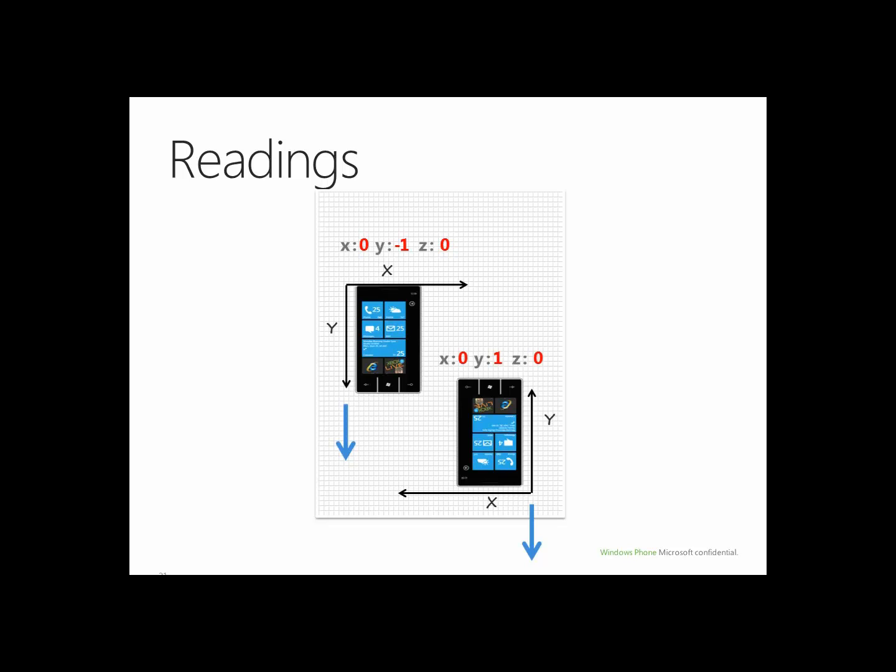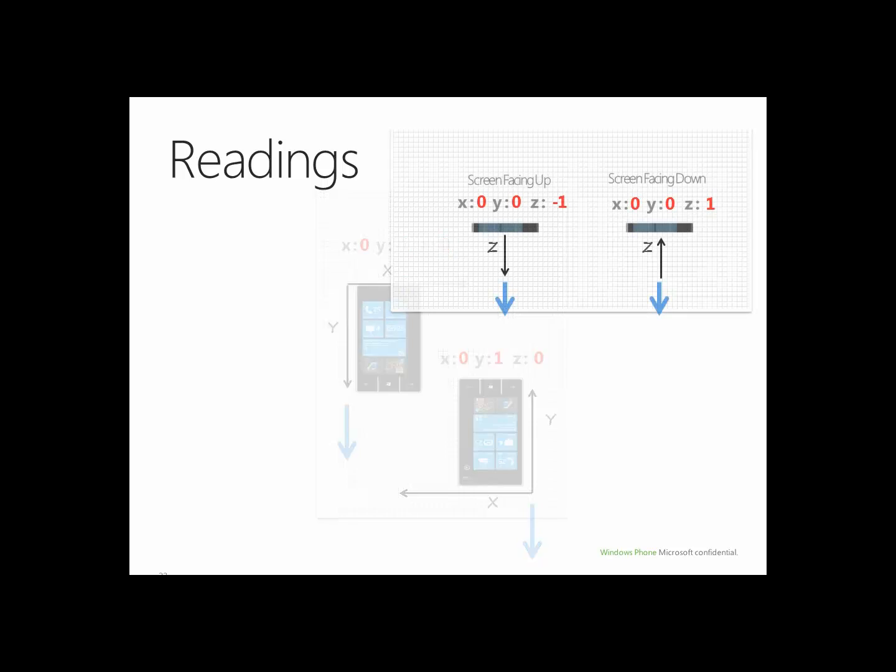Now, when you actually get these readings on the device, they're not going to be exactly this. They're going to fluctuate slightly around these numbers, but for purposes of this, you'll get 0, -1, 0. If you flip the phone over, you'll have 0, 1, and 0. So this is an easy way for you to determine how they're holding the phone.